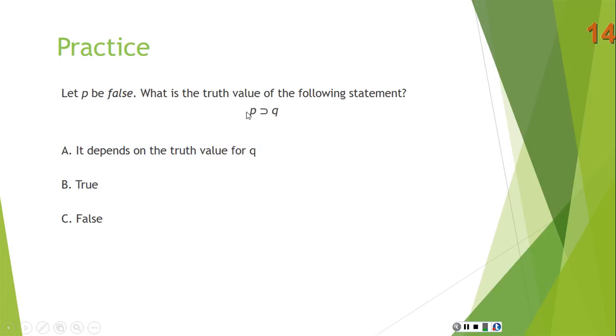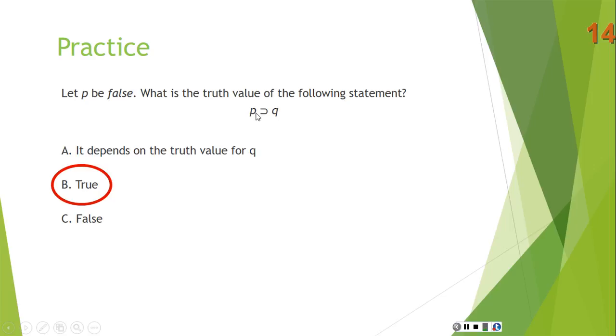Let's do another. Let P be false. What is the truth value of the following statement? P horseshoe Q. When P is false, what is the truth value of the whole statement? Does it depend on the truth value for Q? Does the whole thing come out true, or does the whole thing come out false? The whole thing comes out true. If you look at the truth table, whenever P is false, the whole statement will come out true. It doesn't matter what Q is.